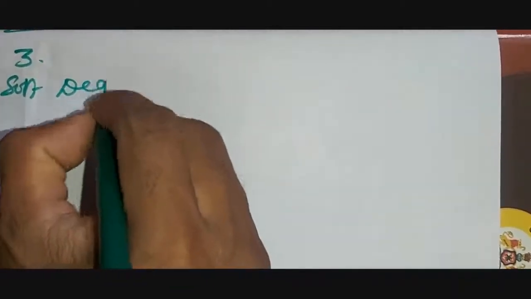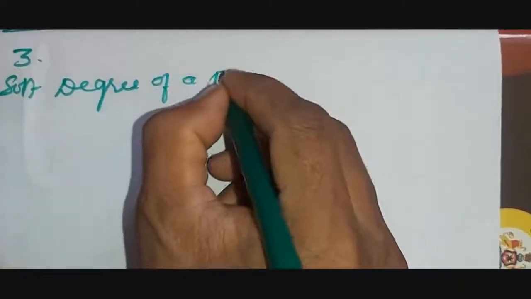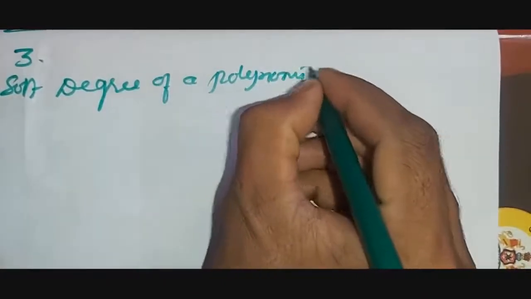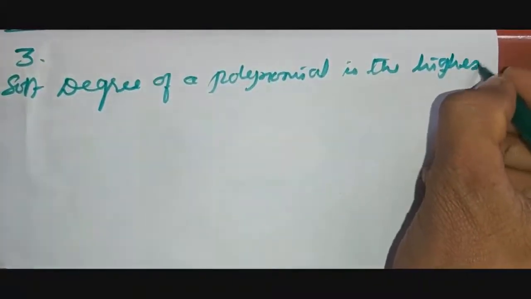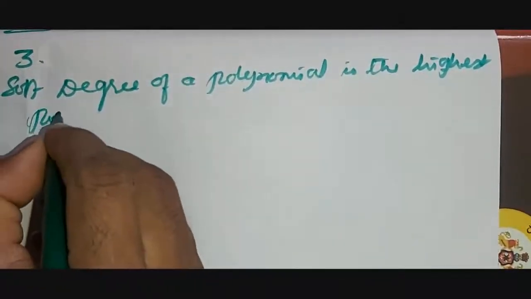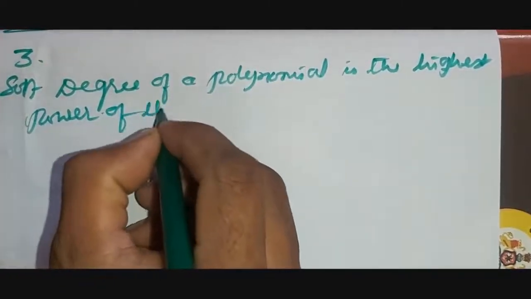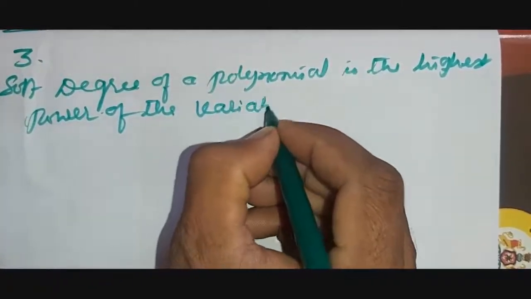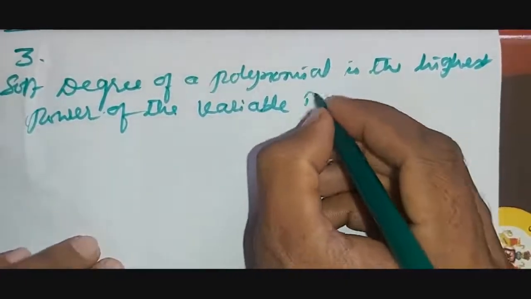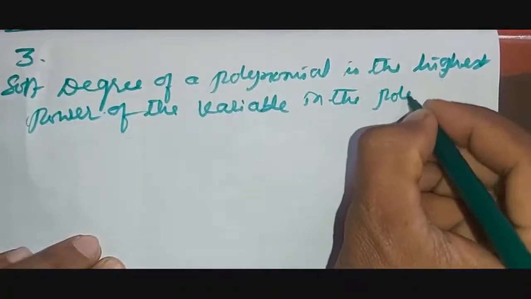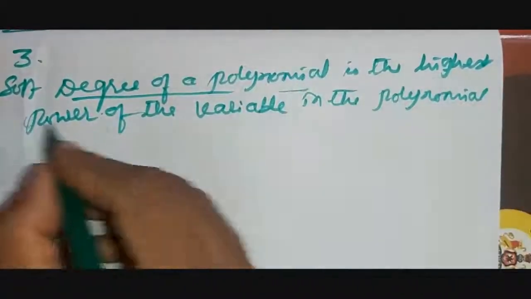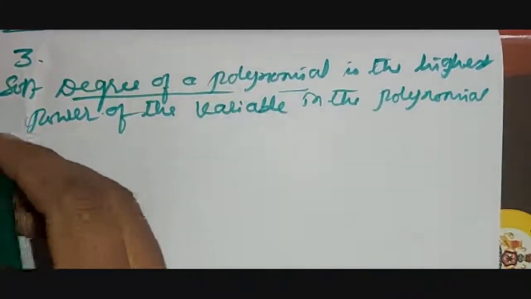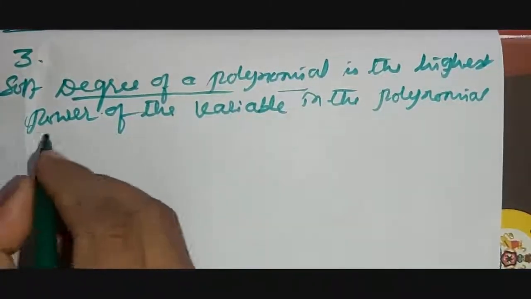See here, the degree of a polynomial is the highest power of the variable in the polynomial. So, first, a binomial has 2 terms.